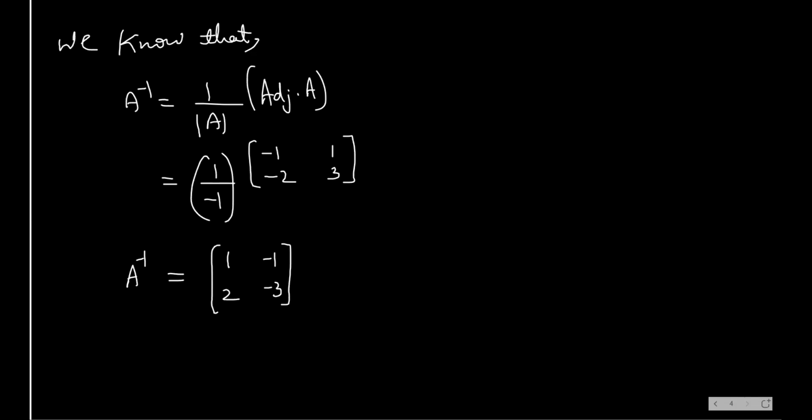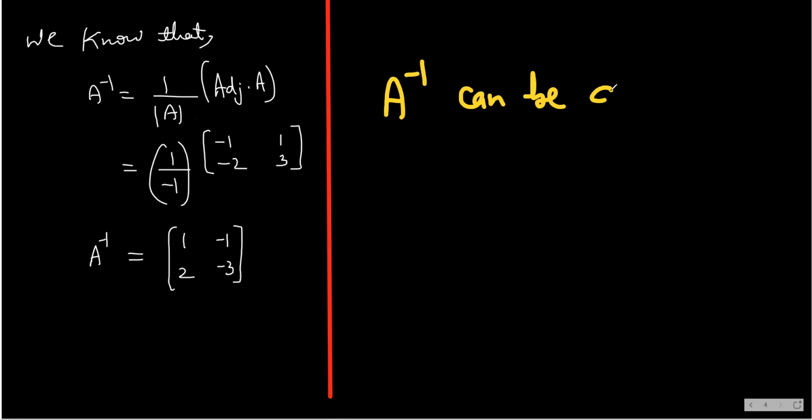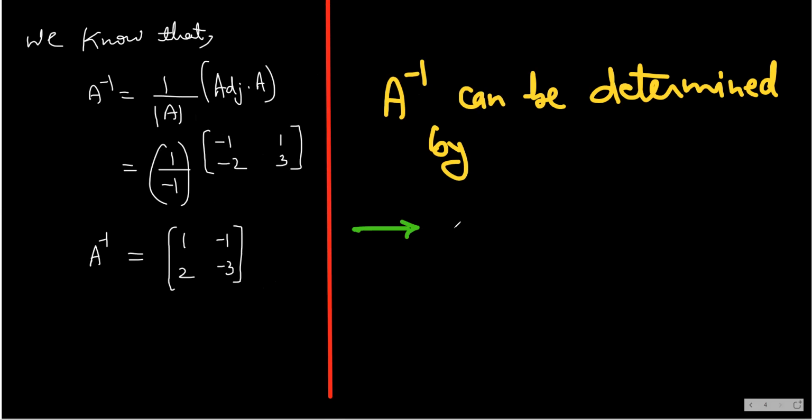It must be noted, students, that inverse can also be found by the transformation method. We have found the inverse by the adjoint method. So inverse can be found by a total of 3 methods. The first method is the adjoint method.